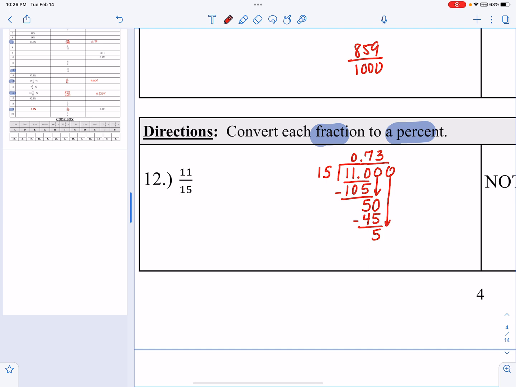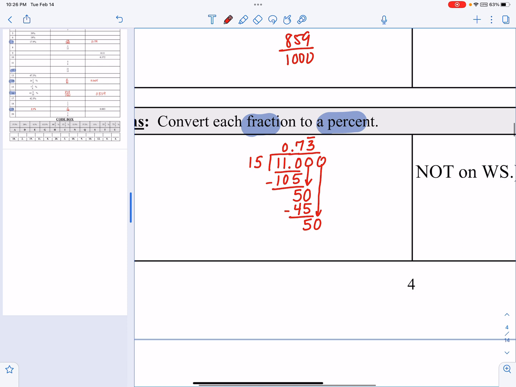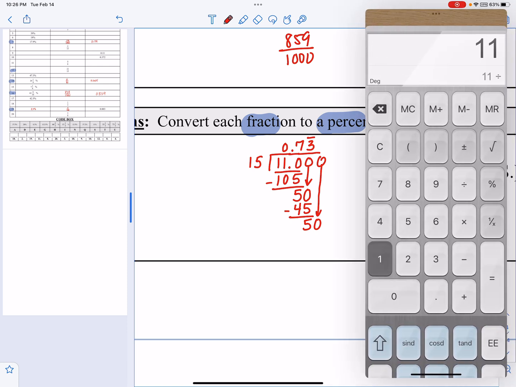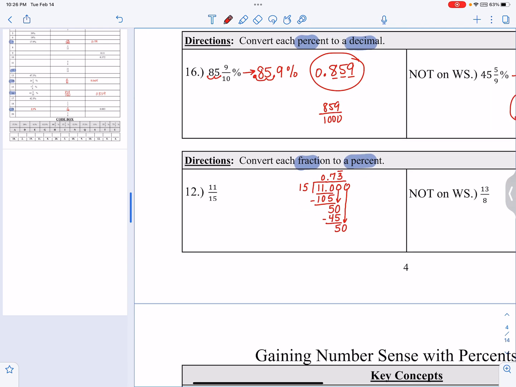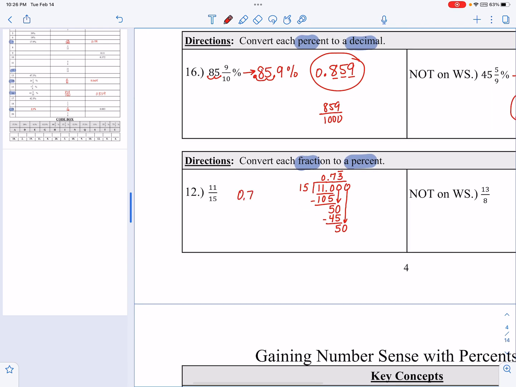Another 0 comes down, and we end up with 50 again, which means this 3 is going to repeat on and on and on. So we end up with 0.73 with the 3 repeating. Let's just test that out. So 11 divided by 15, and you can see we get the same thing. Okay, so we have this decimal of 0.73 with the 3 repeating.